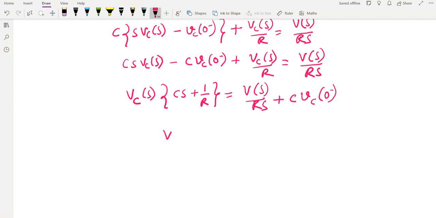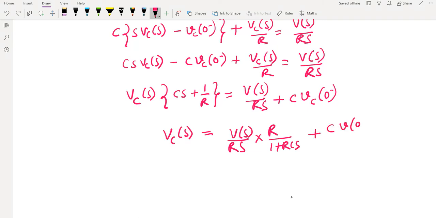So Vc of s is nothing but V of s by Rs into R upon (1 plus RCs), plus C into Vc at 0 minus into R upon (1 plus RCs).